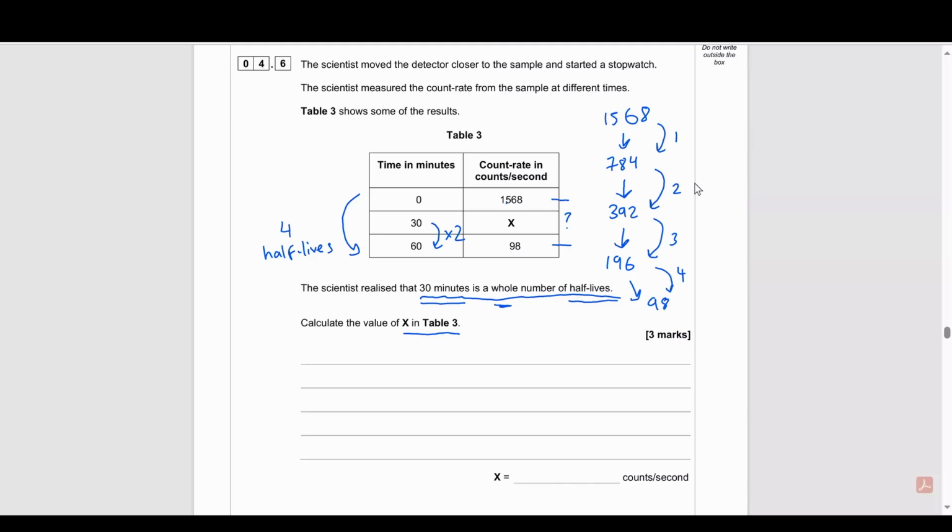So we just need to find out what the number is when it's 2 half-lives from the end. Well, jumping up 2, that would take us from 196 to 392. So that would mean then that our value of x will be 392.